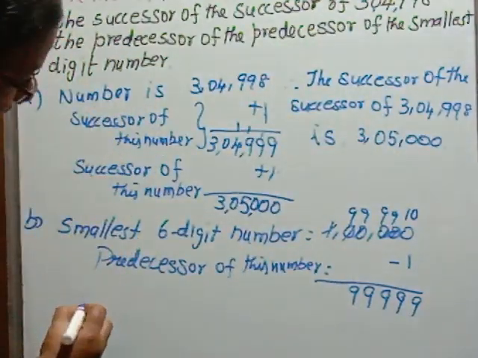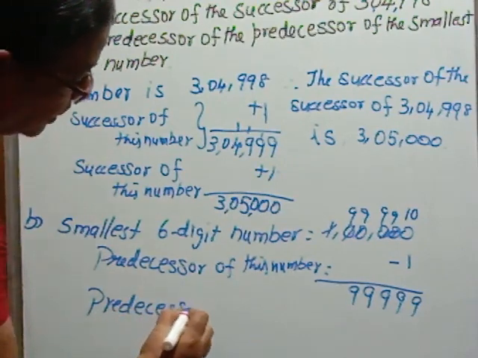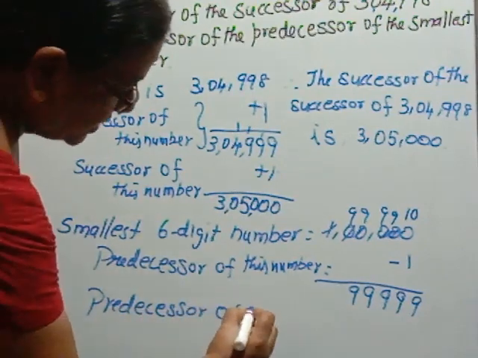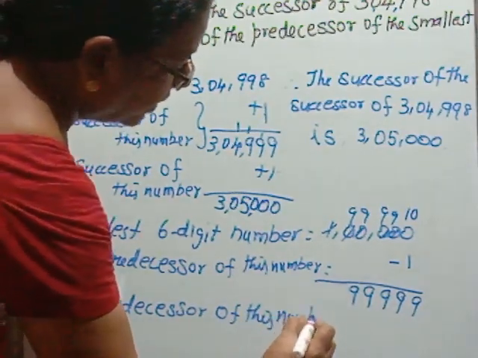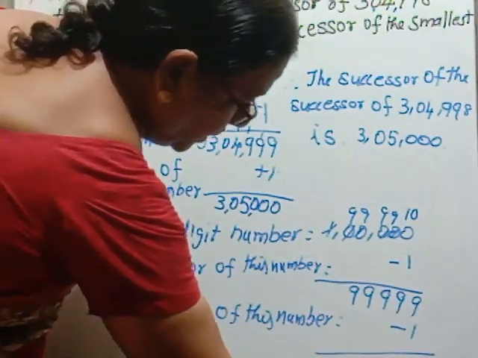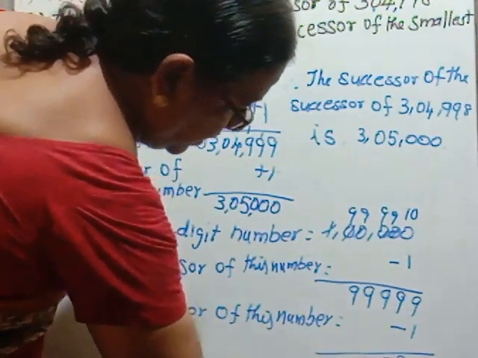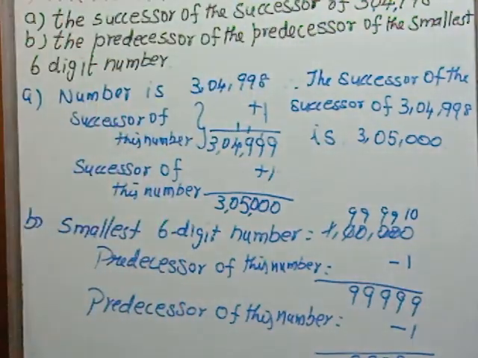Now one more predecessor we have to find out. Predecessor of this number. Now what we found out now? That number. Now minus 1. 9 minus 1, 8. 9, 9, 9, 9. So 99,998.